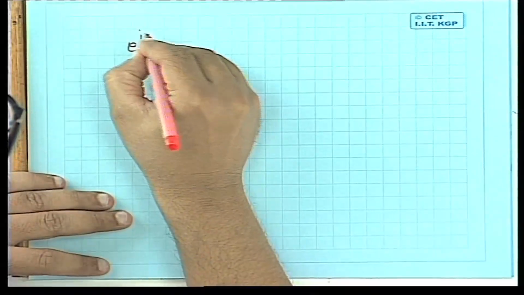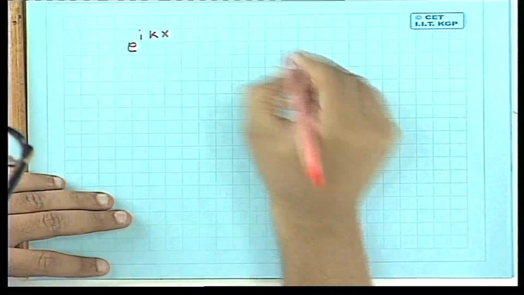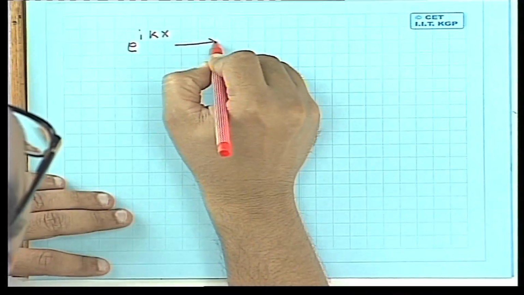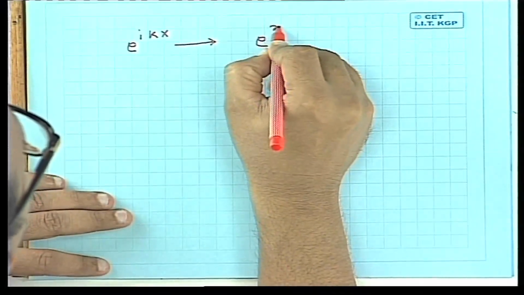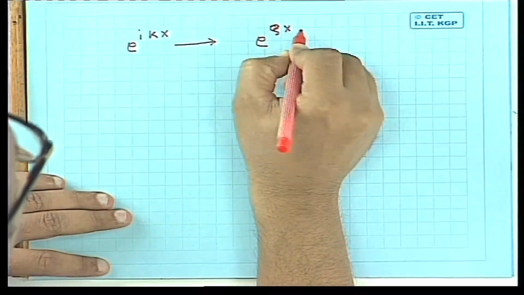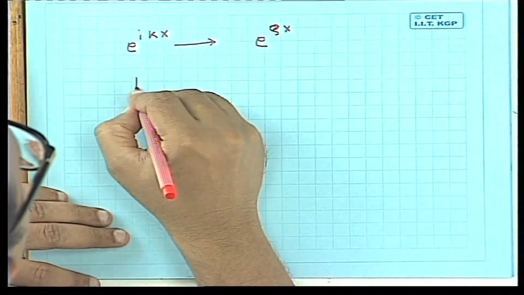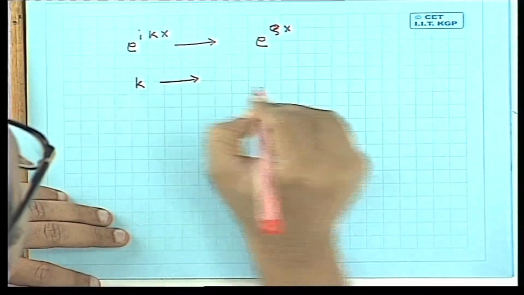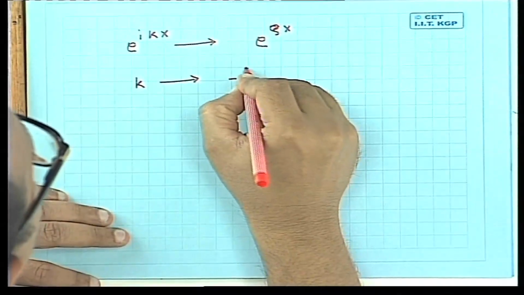The wave functions e to the power ikx and e to the power minus ikx can just go over to e to the power rho x if I have k going to minus i rho.